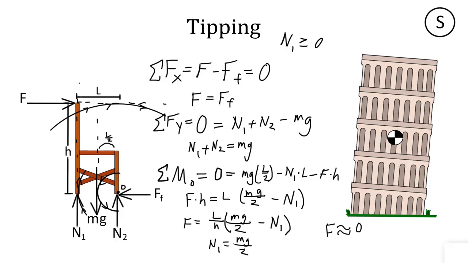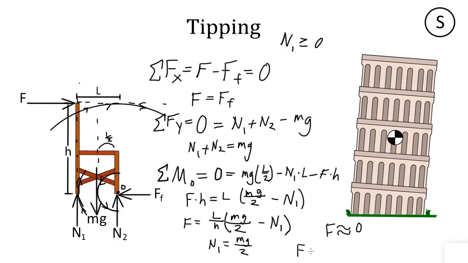And so if N1 equals mg over 2 is how N1 starts off, it can only decrease in order for F to increase, just because it's negative right here. And so as N1 decreases, then F is going to increase, but you can't have N1 be negative. And so in order to max out F in this scenario, N1 has to be 0.